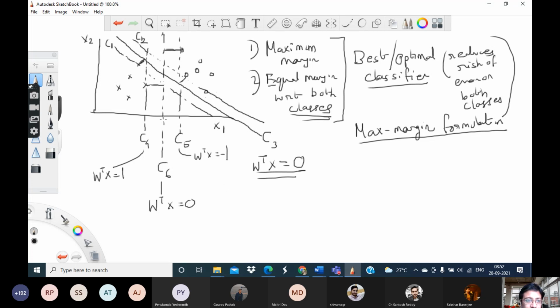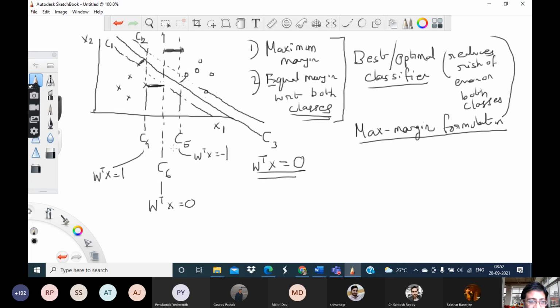Now, if we consider the line W transpose x equal to 0, then you can understand what is going to be the total margin with respect to the cross and the circle classes. The margin is nothing but the length of this line, and in this case for circles the margin is the length of this line.